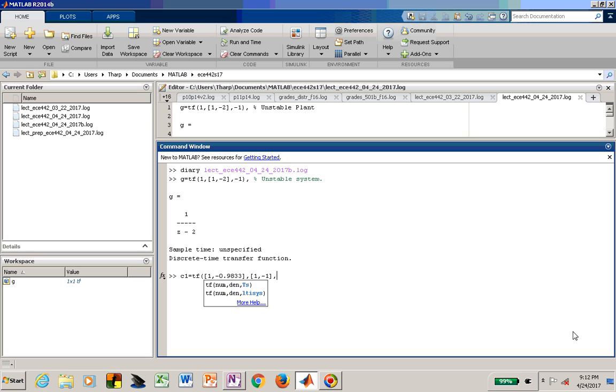Here we now have our zero factor, which is z minus 0.9833. We have our pole factor, which is z minus 1, and we have again an unspecified sample period, but this is now our PI controller without a gain.